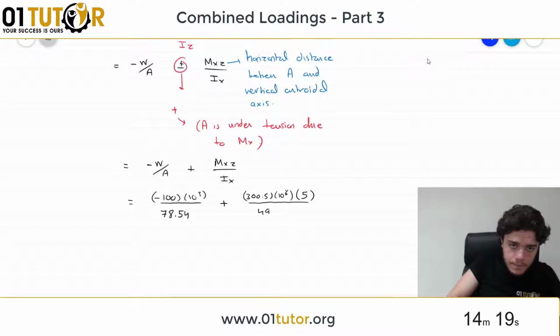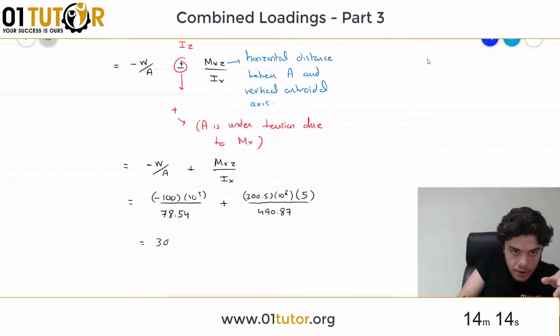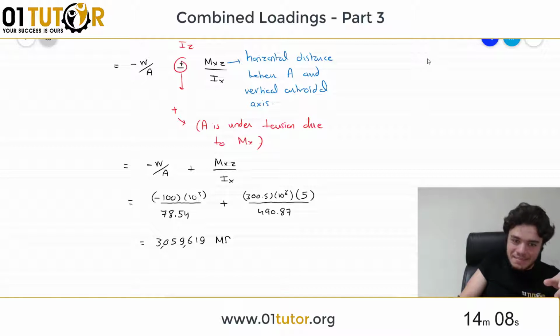So you're going to get 3059619, 3 million megapascal.